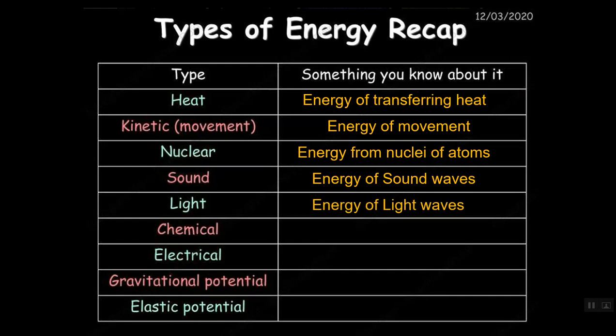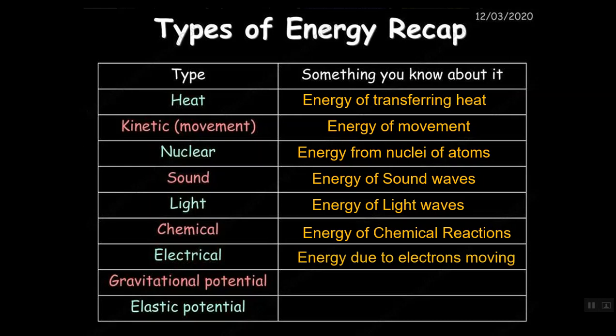Light is also a form of energy that travels in waves. Chemical energy is any energy resulting from a chemical reaction. Even when I burn wood, that is a chemical reaction, and fire is the visible representation of that energy.